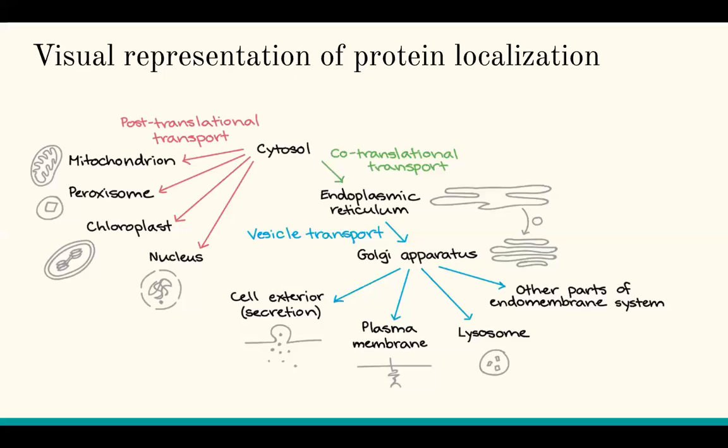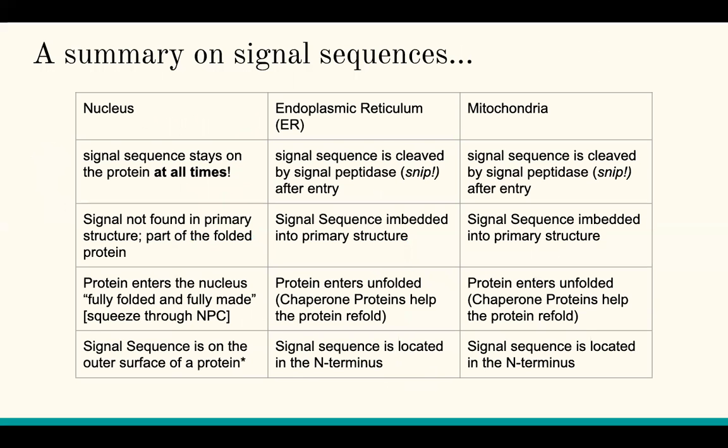And I made a chart with similarities and differences to help you summarize that. I think that's the next slide. Oh, it is. So basically this is everything that we have said before.